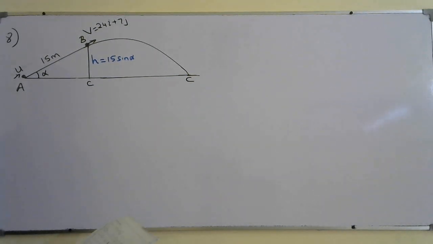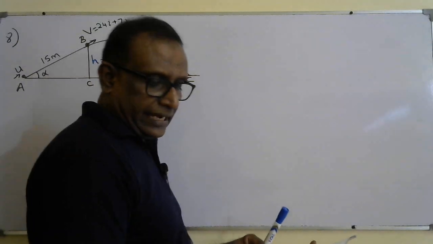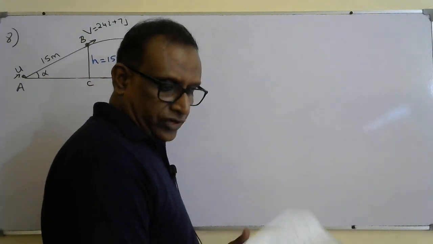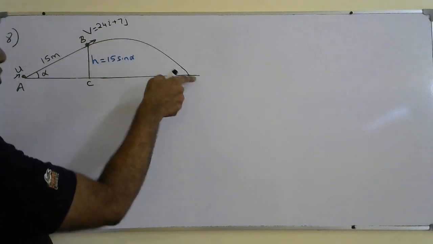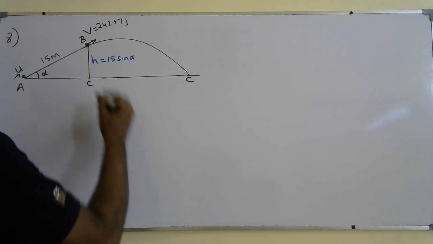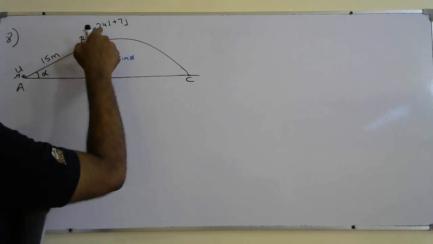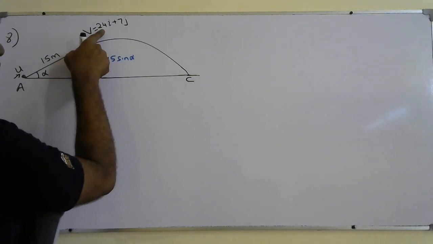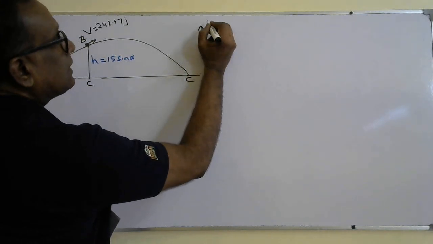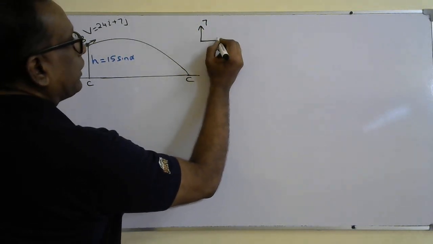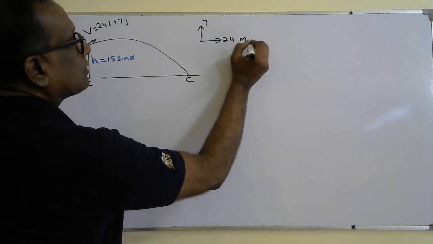Okay, so C part, find the time taken by the particle P to move from B to C. See, when it reaches the end of the ramp B, it's going to follow a projectile path. So when it reaches the point B, we know the horizontal component of velocity is 24, vertical component 7 vertically upwards, and horizontally 24 meters per second.